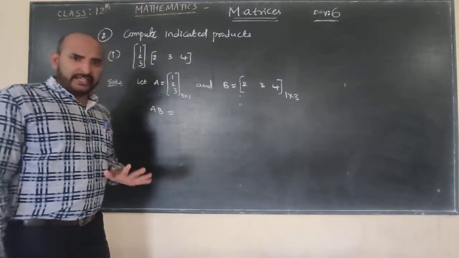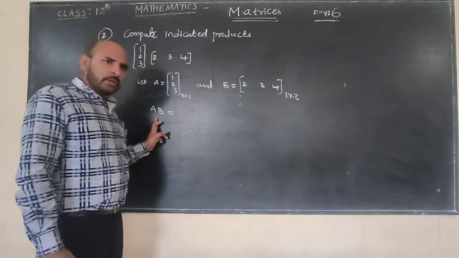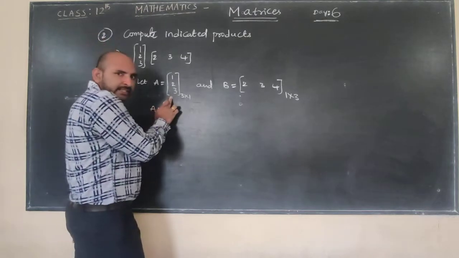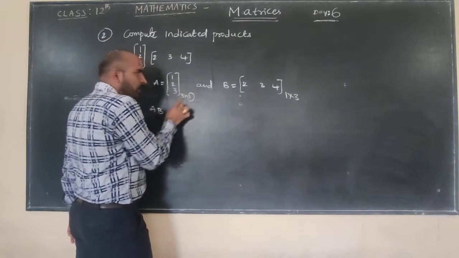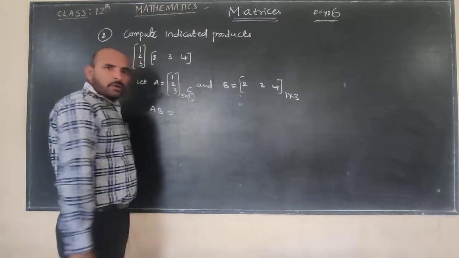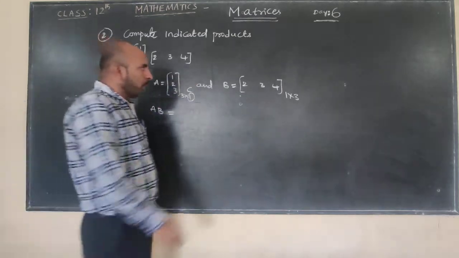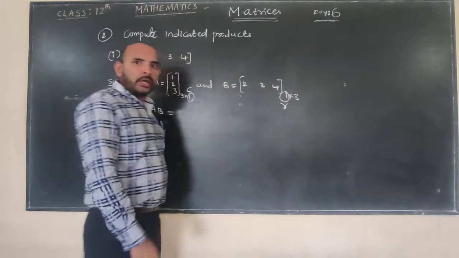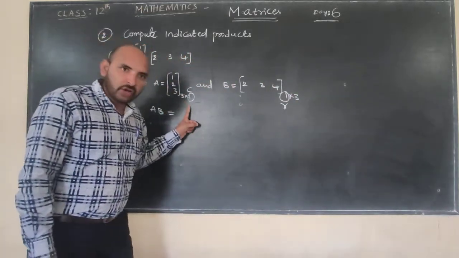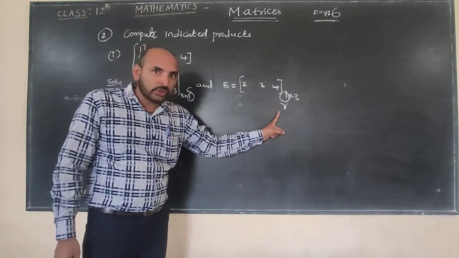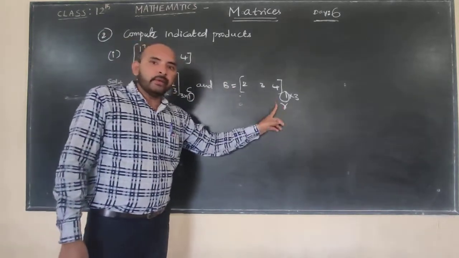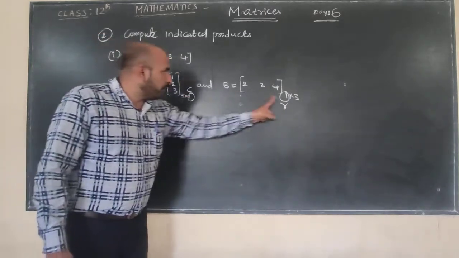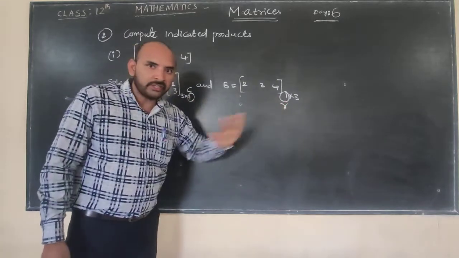According to the condition, here first matrix columns, while coming to the second matrix, rows are equal. First matrix columns, second matrix rows are equal, then product is possible. So you can find out clearly, if these two values are not equal, product is not possible.